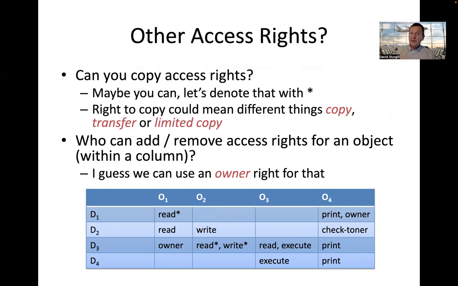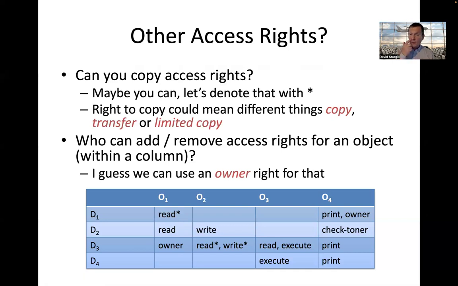Instead, we use a mechanism where it's assumed that every object has one or more owners. And owners have the right to give away anything they want. And that's what I'm trying to show here in this table. Pretend domain D3 is the owner of object O1. So if they were the owner, they could give read or write access to any other domain for that object.